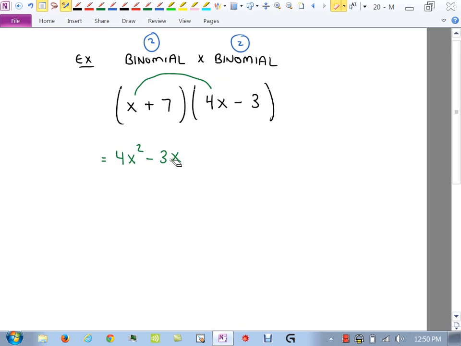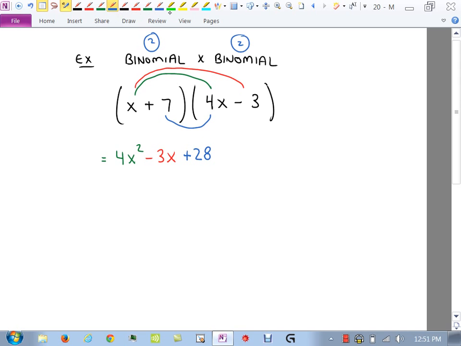I'd like to change a little bit of my color coding here. So I'm going to go back here, act like that went to there. Let's make blue go. Notice I'm going to put my loops on the bottom just to show you, because I don't want to get it too cluttered on top. So the 7's going to go through to the 4x. What's 7 times 4x? 28x.